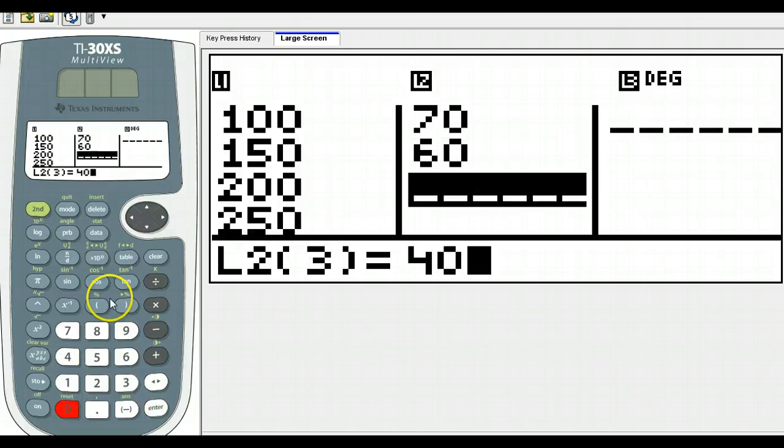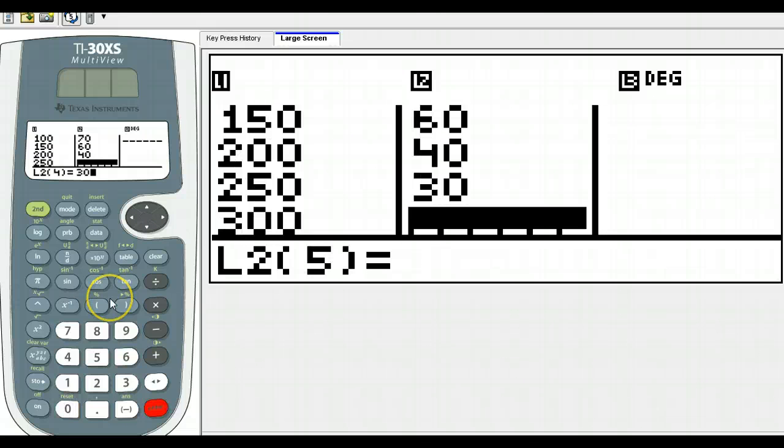Okay? So this is telling me that for 150, there's 60 of those. For 200, there's 40 of those. For 250, there's 30 of those. And keep going.